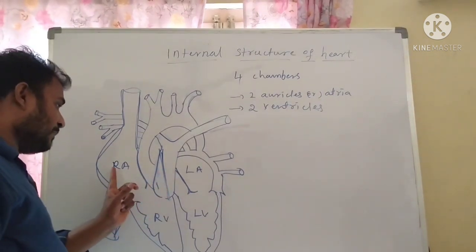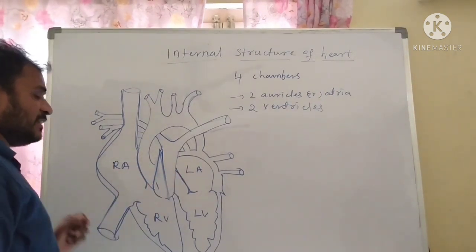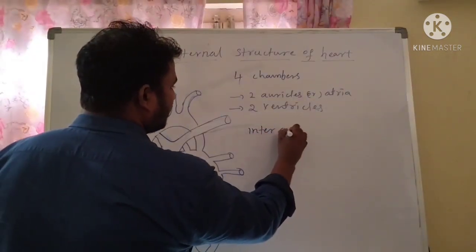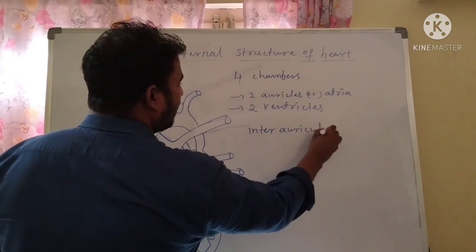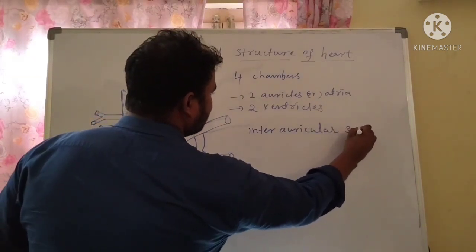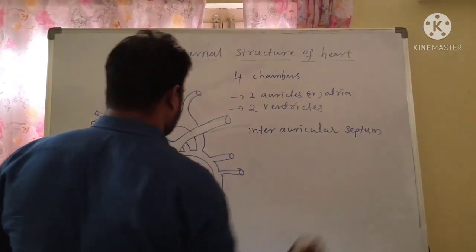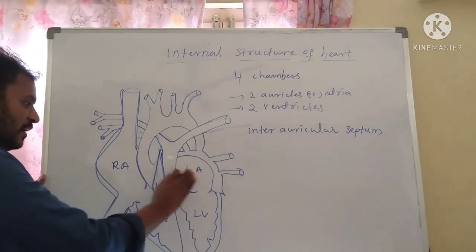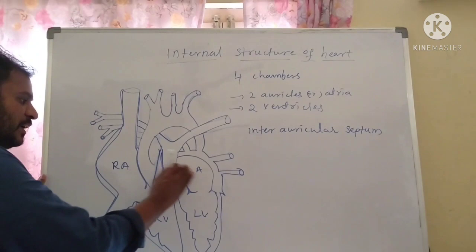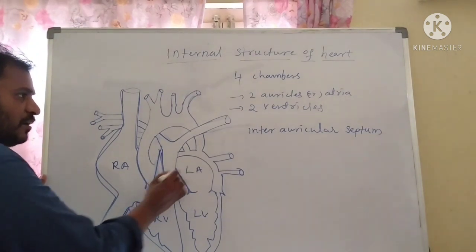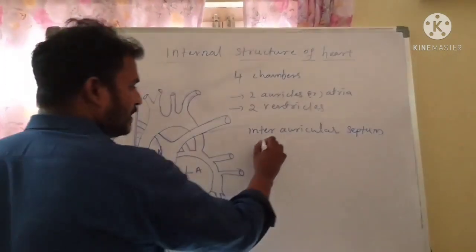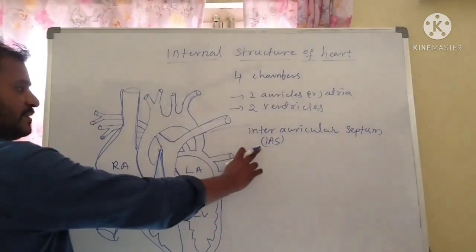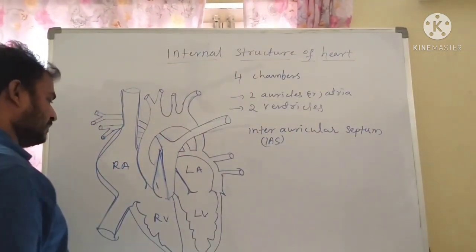The septum which separates both the auricles is called the interauricular septum, abbreviated IAS.